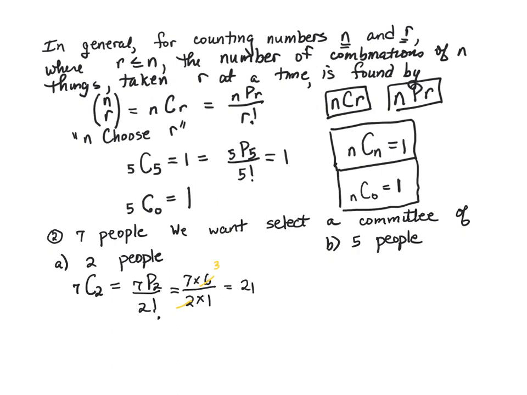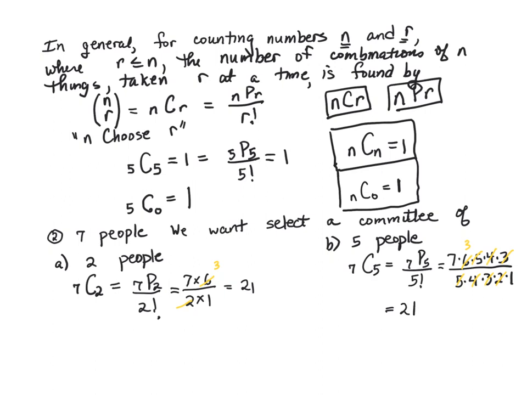In the other one, we have 7 choose 5, which is 7P5 divided by 5 factorial, and that would give us 7 times 6 times 5 times 4 times 3 divided by 5 times 4 times 3 times 2 times 1. And we notice that the 5 divides through, the 4 divides through, the 3 divides through, and the 2 goes into the 6 3 times. And the answer would be 21 ways again.